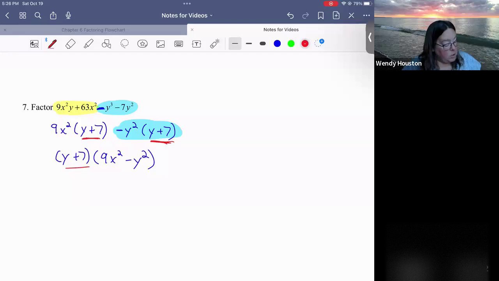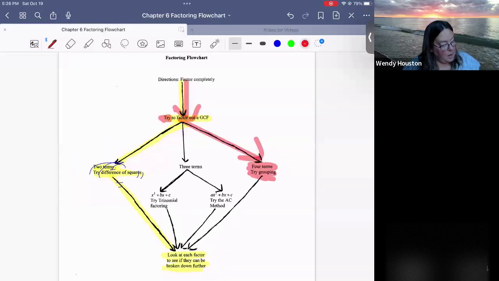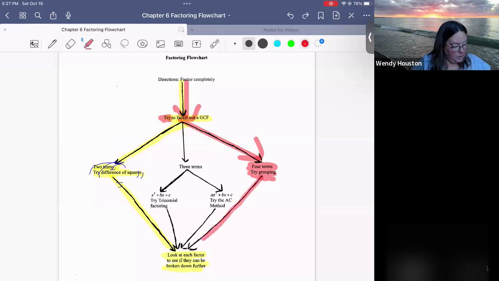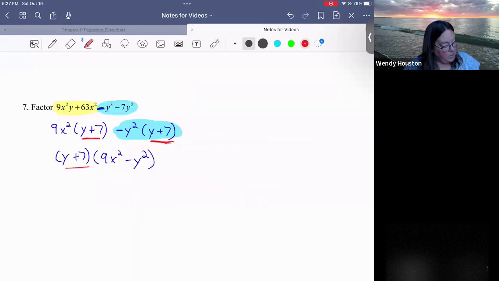So going back to our flowchart, I tried grouping. I was successful. There we go. But now, before I call it, I need to see if there's any other breakdown I can do. And so as I look at what's here, I see that this has 2 terms and it's got some exponents.